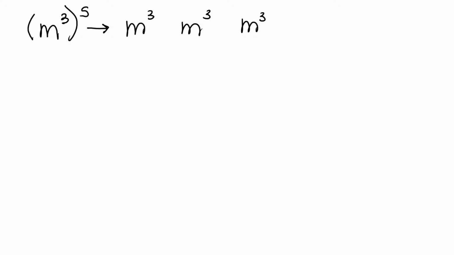This process also works with variables as the base number. For example, m to the third raised to the 5th power. If we were to write it out long ways, I would write m to the third 5 times, because that's my outside exponent. I can then break it apart and write m 3 times, because that's my second exponent.